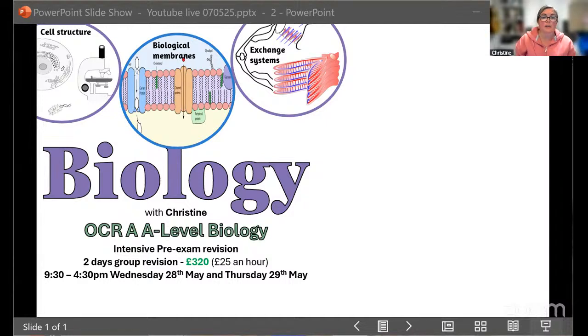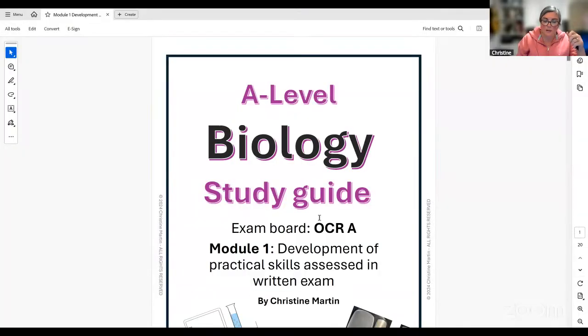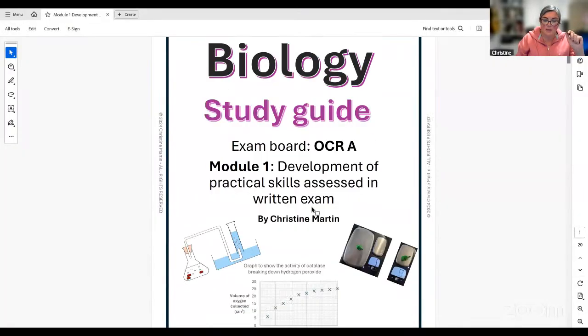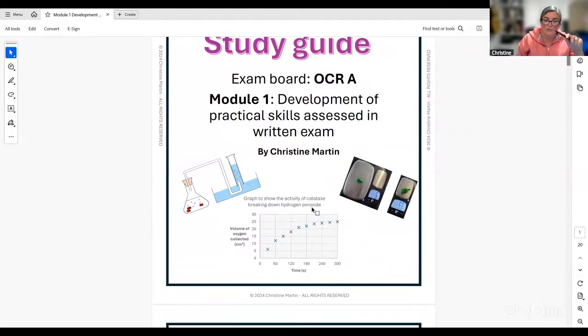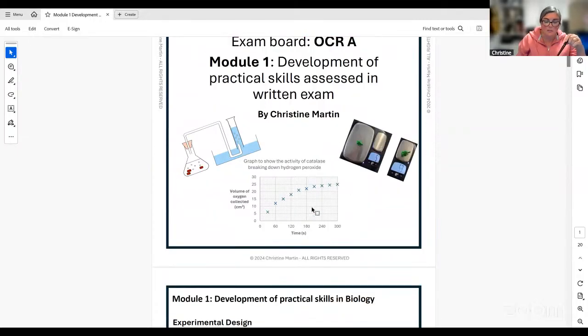So if we look then at the practical skills, I'm going to switch screens and share. This is my practical study guide that I did on development of the practical skills that will be assessed.